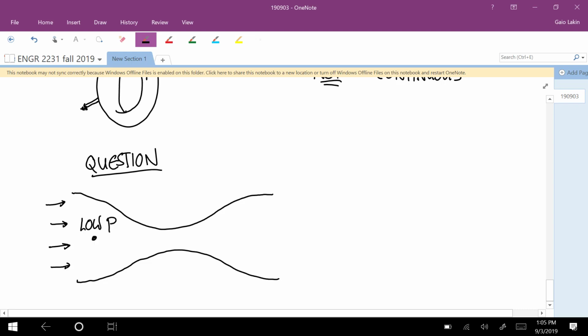You have a low pressure there, a high pressure there, and then you return to a low pressure there. How can that be? Those are all the same height.